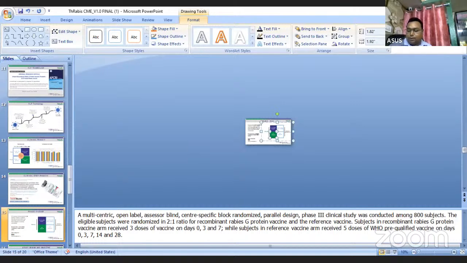Rabies Z protein is expressed in terms of potency. The rabies Z protein vaccine is a subunit vaccine where purified rabies Z protein is the active constituent. The strength of the vaccine on the label is represented in micrograms per dose, which is potent enough to generate more than 0.5 international unit per ml anti-rabies neutralizing antibody, the threshold for seroprotection.